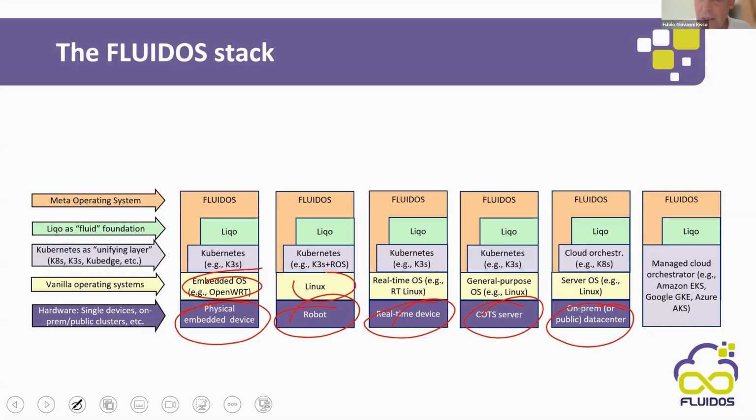The minimum common denominator of our support is Kubernetes. So we assume that the node that will be part of the continuum runs Kubernetes. I know that this is a strong assumption, but this is how the project is working, and this strong assumption must be respected.